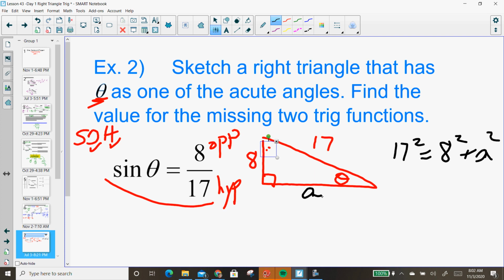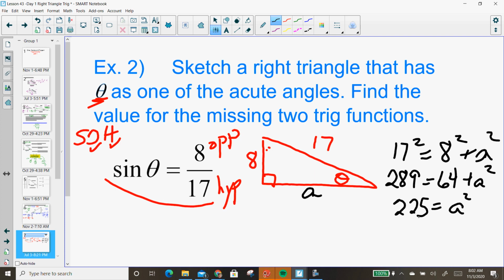So you can punch that in on your calculator. James, you were punching in on the calculator already. What does a squared have to equal? 225. So that means a has to be 15.